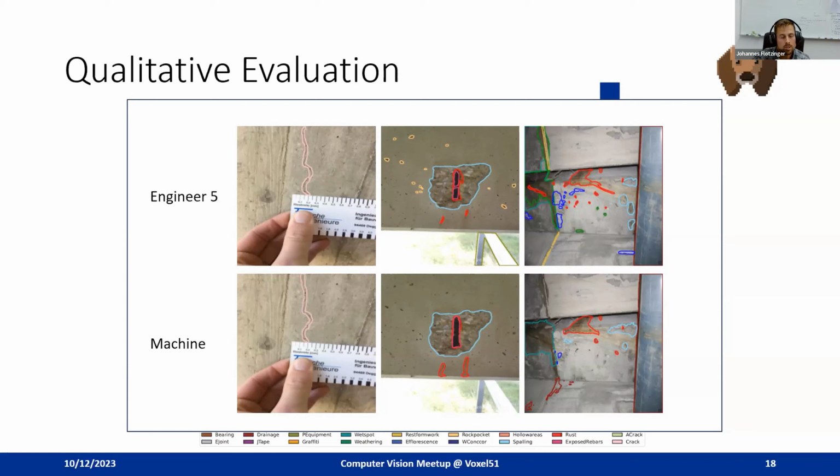The second image is a spalling with exposed reinforcement, rust, and some cavities. The cavities were not classified by our model, so they were forgotten. And on the third image, you can see a more complicated sample, because there are more defects. Also, the resolution wasn't very good. So what do we have here?